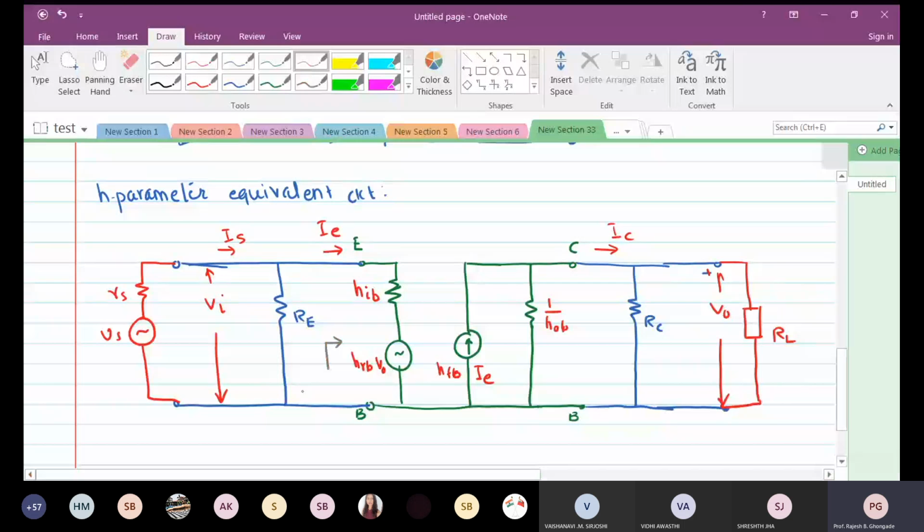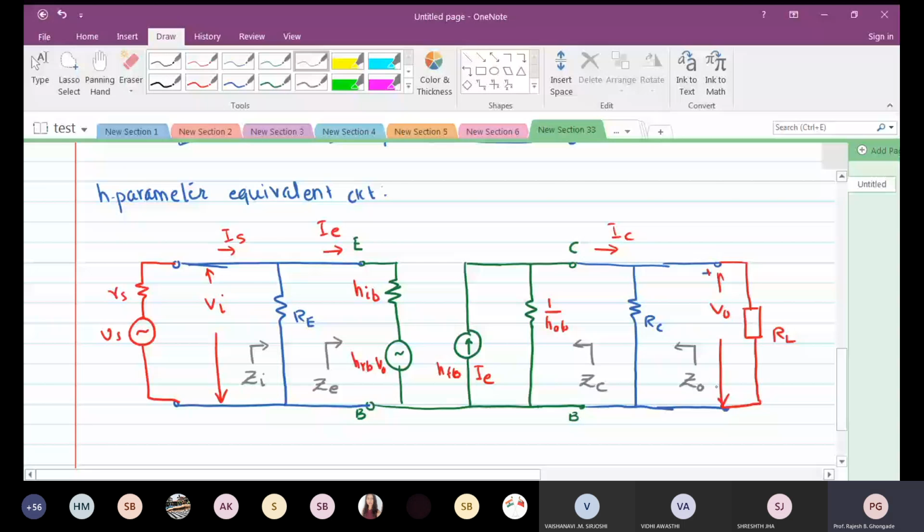Okay, looking from here, what do I have? The device input impedance, the device output impedance. From here, the circuit input impedance, the circuit output impedance.